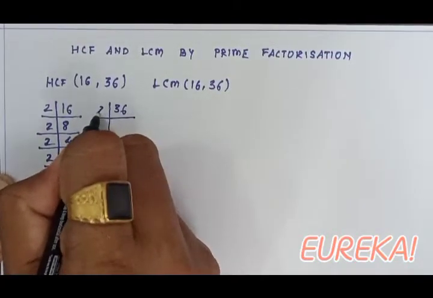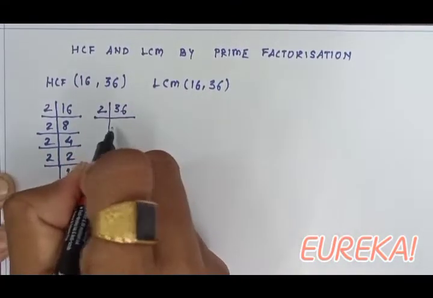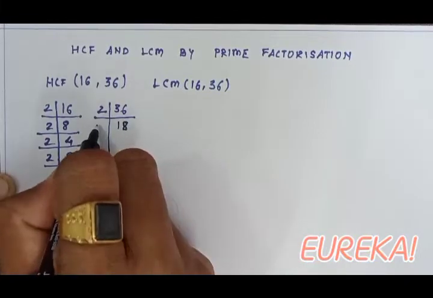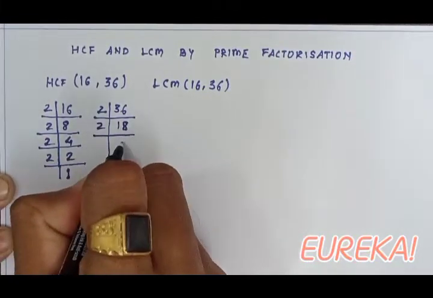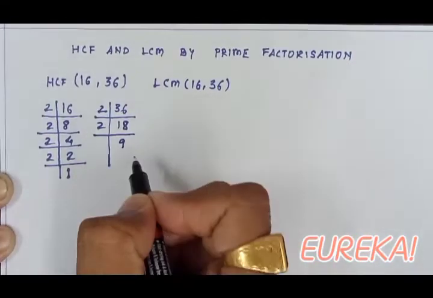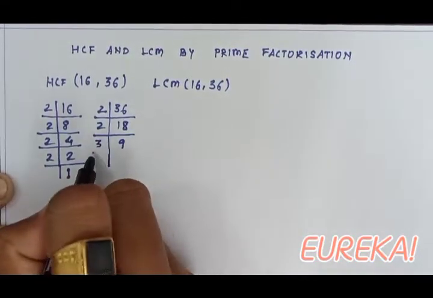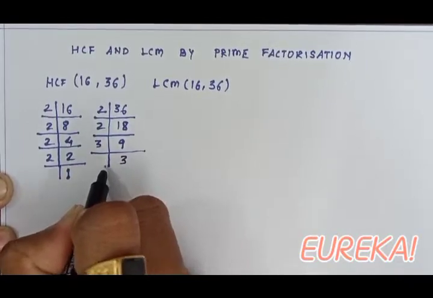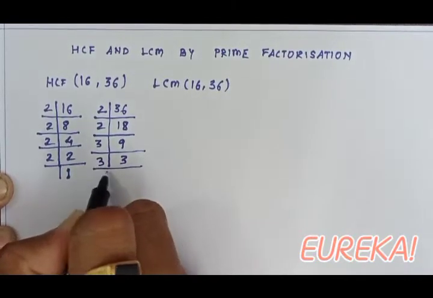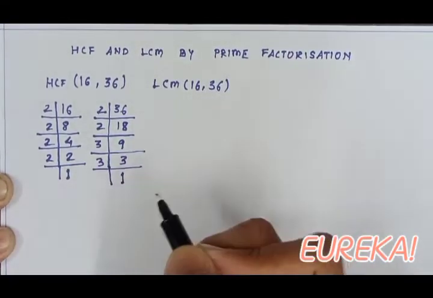36 is an even number, so divide by 2, and we get 18. Again divide by 2, and we get 9. Now 9 is an odd number, so we will divide it by 3 and get 3, and one more time by 3 we get 1.